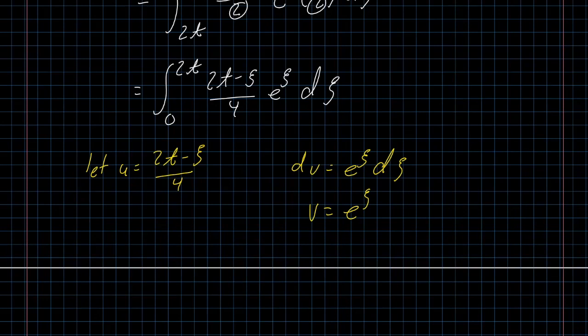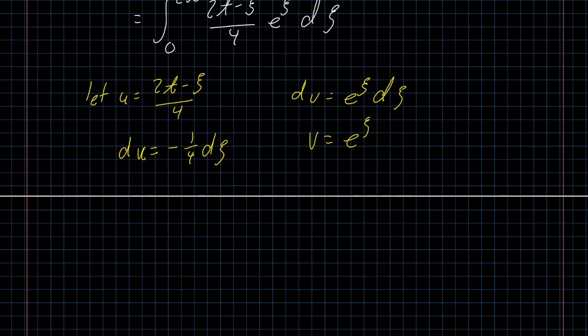Differentiating is not that hard, but do remember here that t is a constant, xi is a variable. So differentiating 2t gives me 0. Differentiating minus xi gives me minus 1/4 dxi.